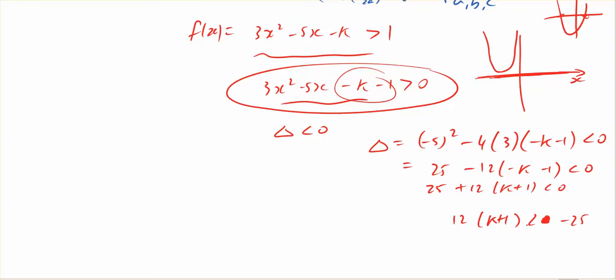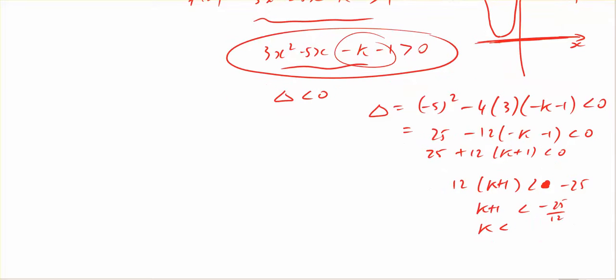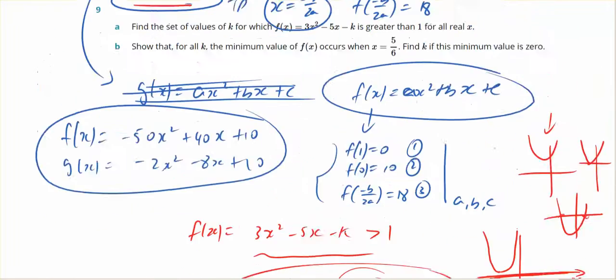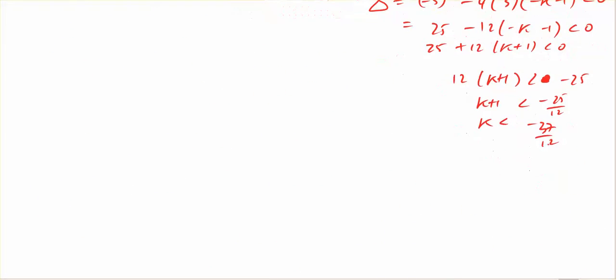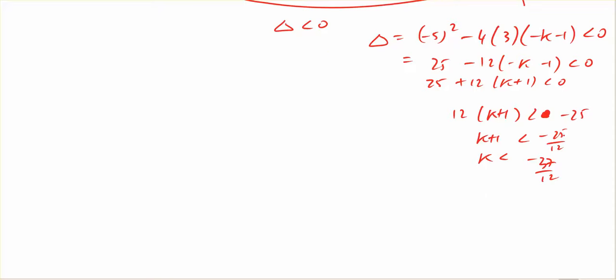So k plus 1 is less than negative 25 over 12. Subtract 1 from both sides, and we get negative 37 over 12. So the values for which this whole thing is greater than 1 happen when k is less than negative 37 over 12.